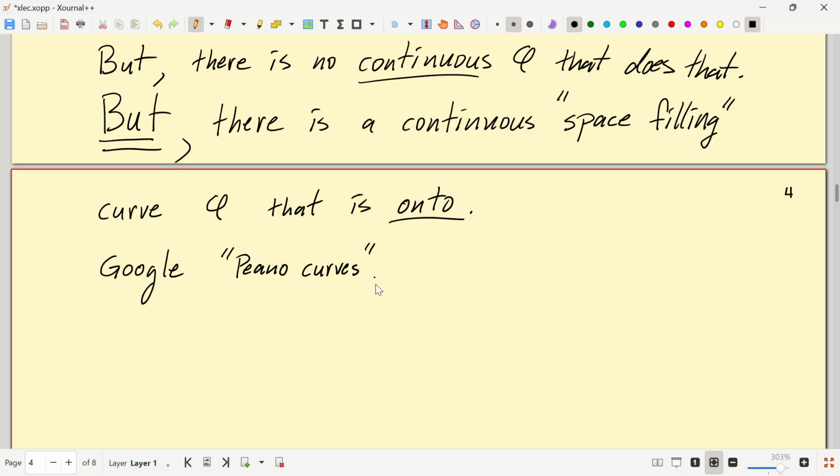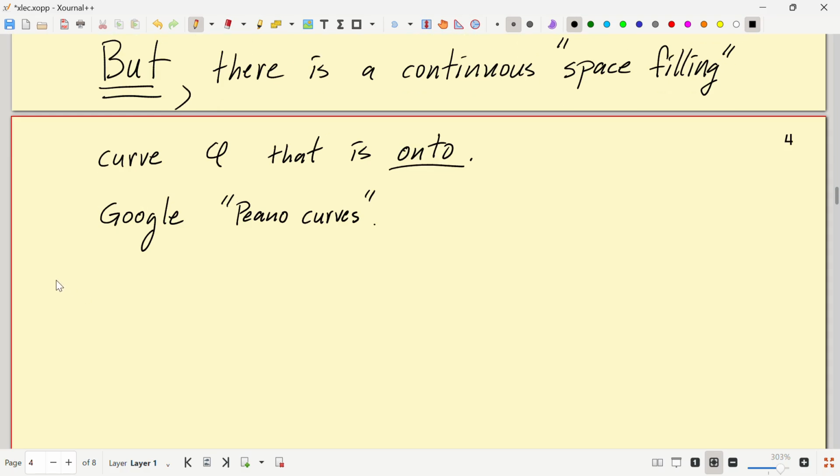Let's think about another one of the homework problems. Page 134, number 8. This question says G is continuous.